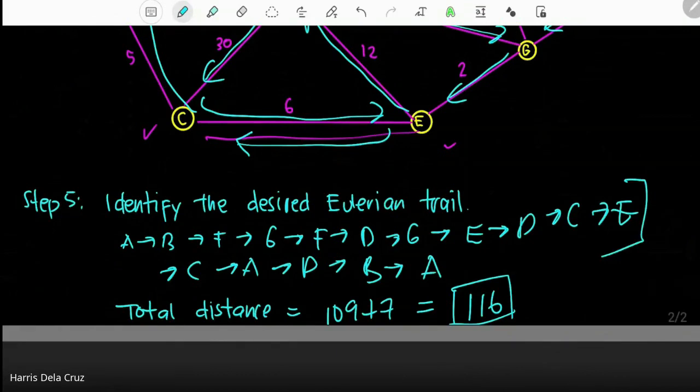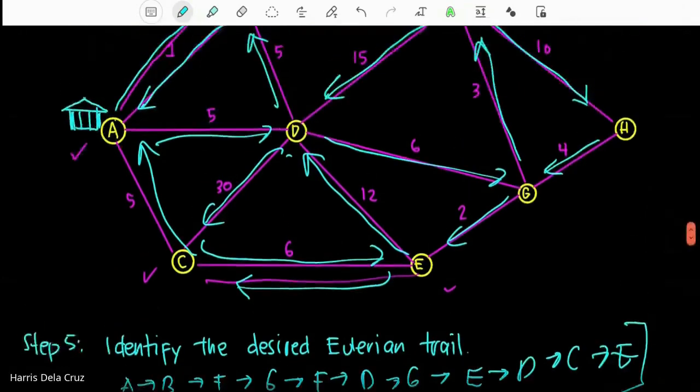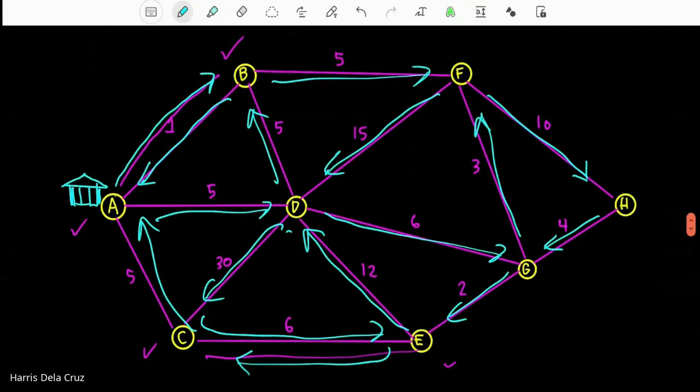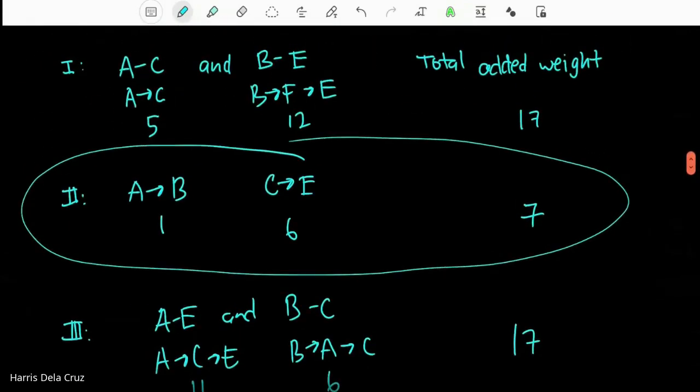So that's how you find the shortest possible route using the route inspection algorithm, making sure that you pass all the roads from the initial position back to the original position again. So basically, the technique is to make your graph Eulerian by adding several edges, but of course, choosing the smallest possible additional weight from all the possible edges that you can add.